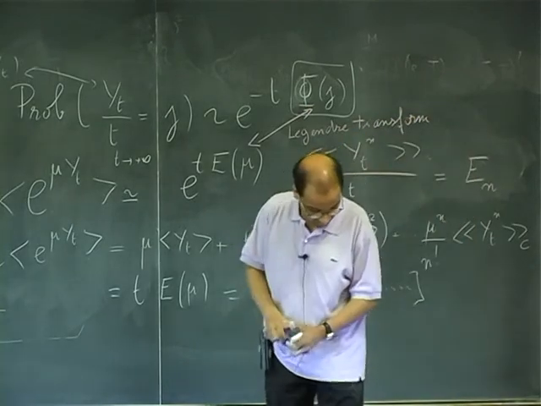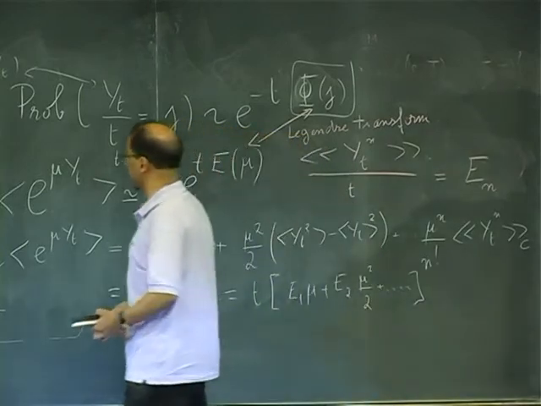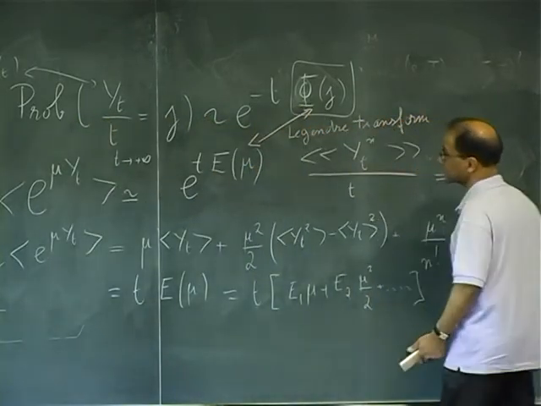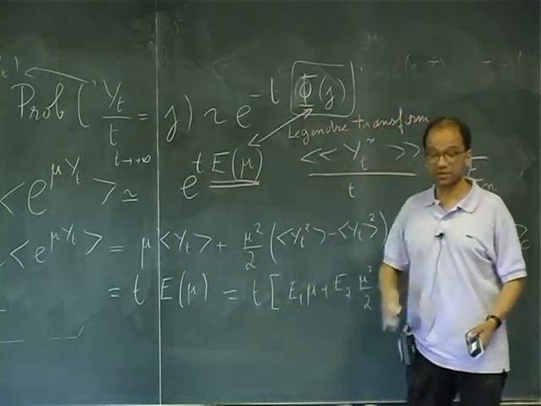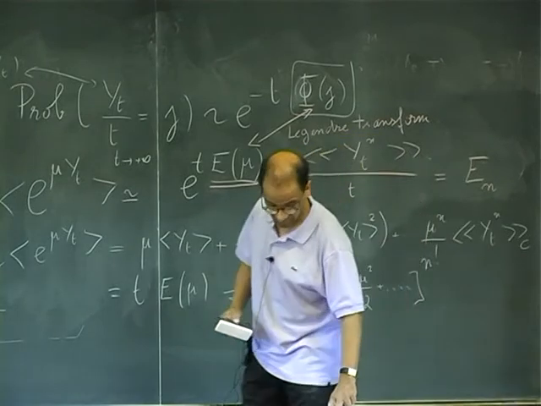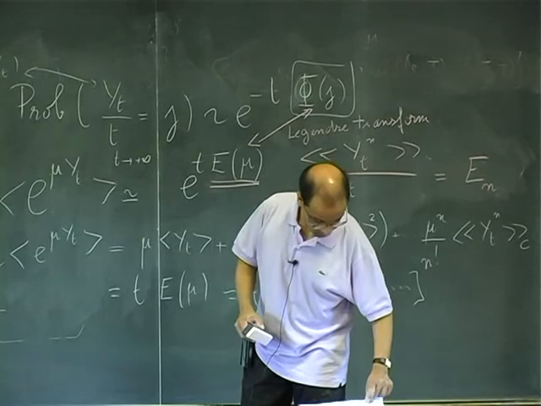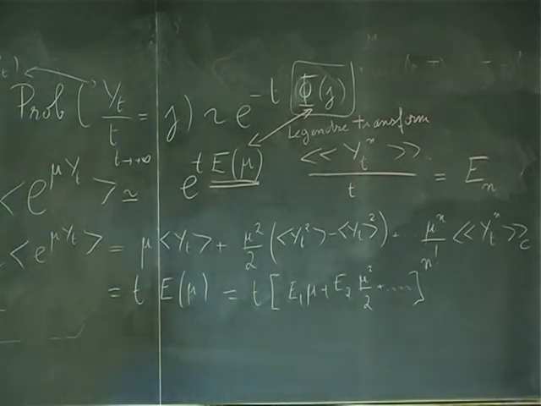So they are related by Legendre transform. And the idea is that instead of computing the large deviation function at the beginning, we shall calculate this object. And then we shall deduce the large deviation function by Legendre transform. Okay, so let's start doing that.